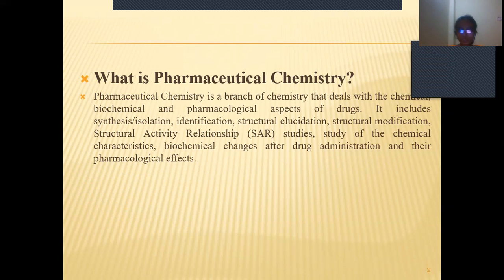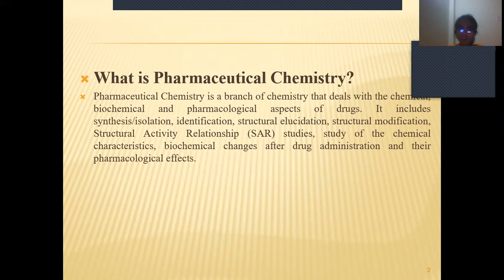Pharmaceutical chemistry is the branch of science that deals with the chemicals, biochemicals and pharmacological aspects of drugs, and it also includes the synthesis or isolation, identification, structural modification, structure activity relationship studies, and also the study of the chemical characteristics, biochemical change after administration and their pharmacological effect.